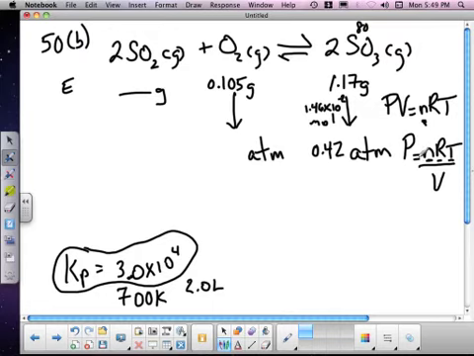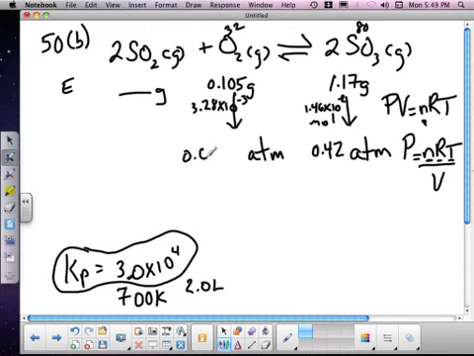All right? I'm going to do the same thing for oxygen. It weighs 32. The number of moles on my way to atmospheres is 3.28 times 10 to the minus 3 moles. And again, you're going to take moles times R times T divided by volume, and you're going to end up with 0.0942 atmospheres.